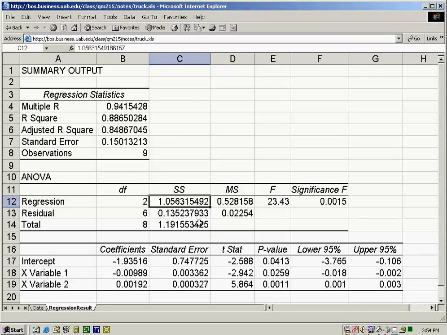So the regression sum of squares is 1.0653. The sum of squares for the error is 0.13524, and the total is 1.19155. So what we'll do is write down just the first two of these and go back to our problem and do this test from scratch.